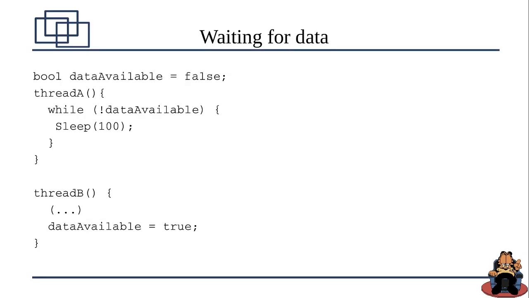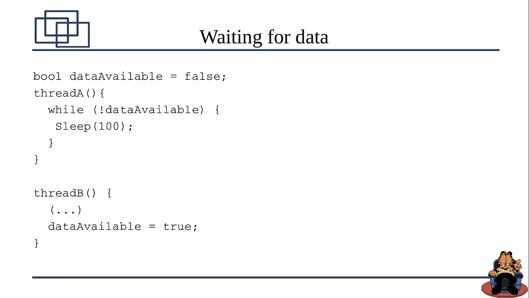The simplest, but not necessarily the correct way, would be to create a data available variable, and in thread A we constantly check if the value is set to true. If not, we wait some time, we check again, etc. And in thread B, when we finished processing data, we set this value to true, and that allows thread A to continue.